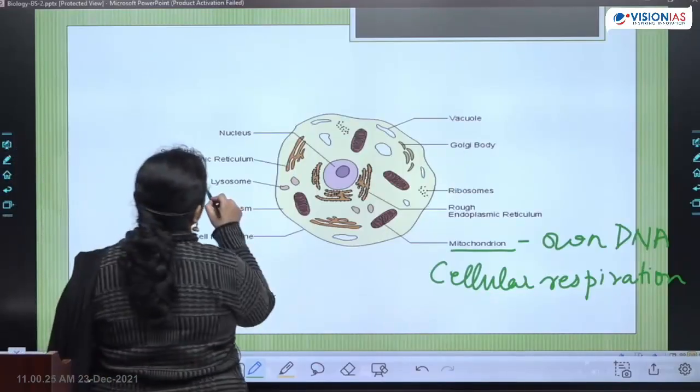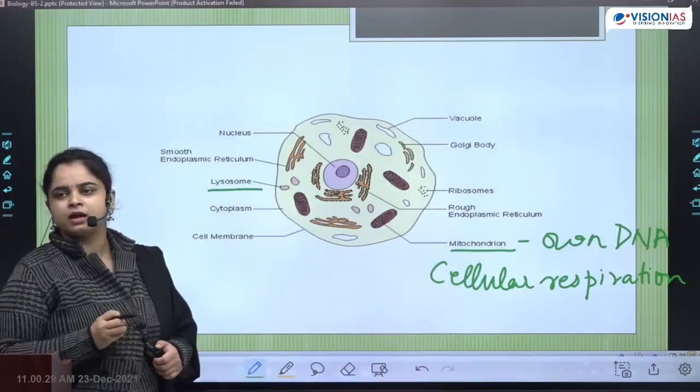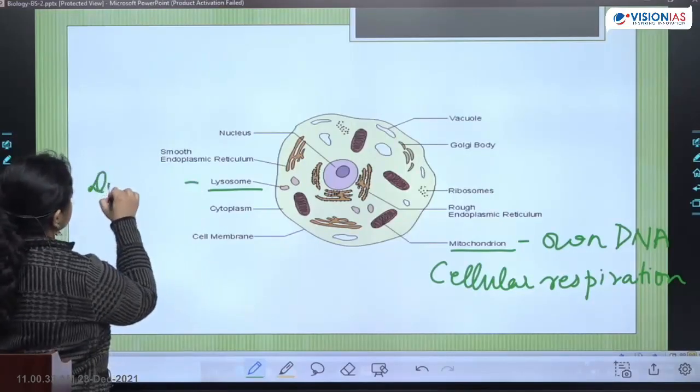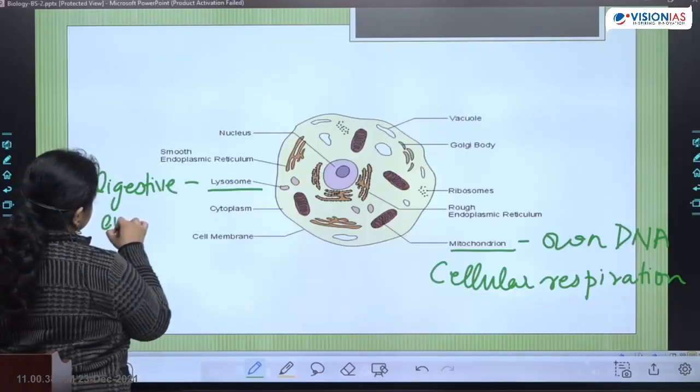Then lysosome. Now this is an organelle which contains very powerful enzymes for digestion, digestive enzymes.